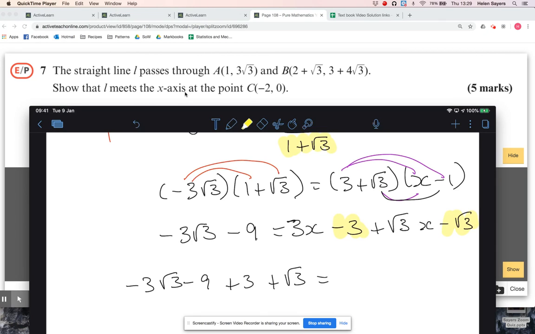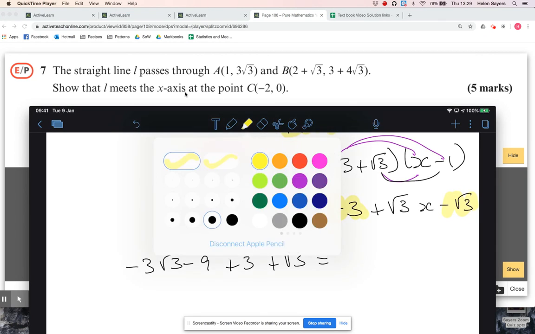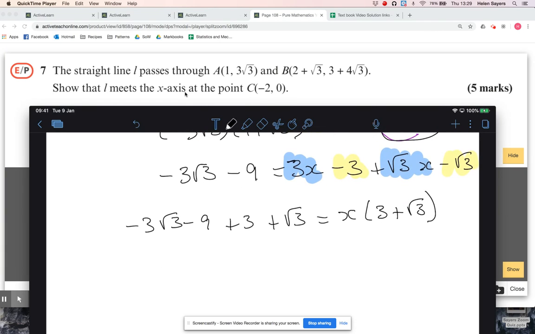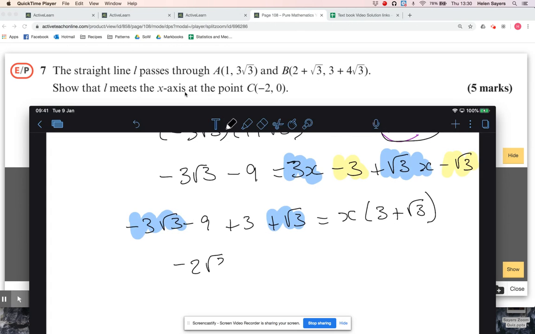And then what I'm also going to do in the same stage of working is factorize. So those 2 terms I've highlighted in blue will be left on the right-hand side. I'm just going to take a common factor of x out. Okay, then I'm going to tidy up the left-hand side. So what have I got there? If I collect my root 3 terms together, I've got minus 3 root 3 plus root 3, so that's minus 2 root 3.